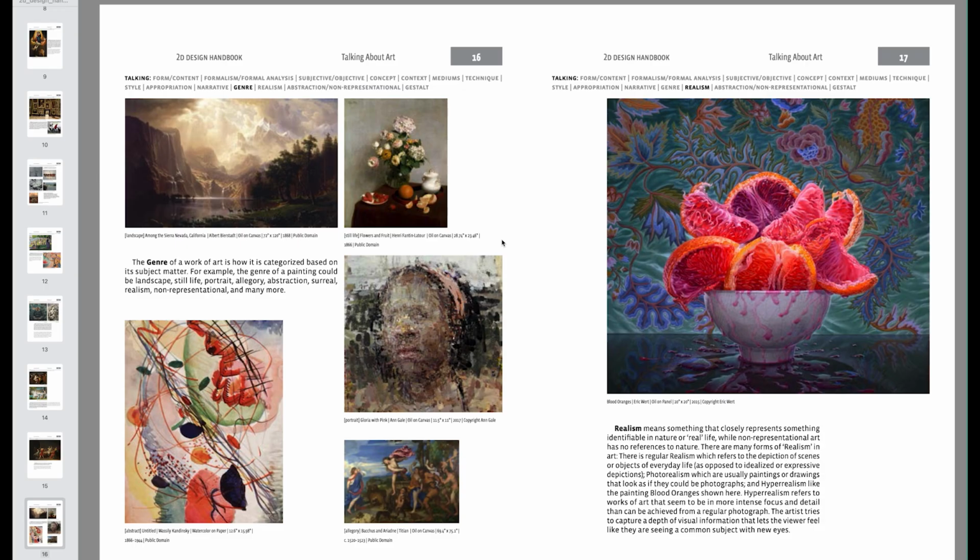But they did affect painters. So a lot of painting since the early 1900s is in response to photography, trying to do something with paint that photographs cannot do. The artist tries to capture the depth of visual information and lets the viewer feel they are seeing a common subject with new eyes.